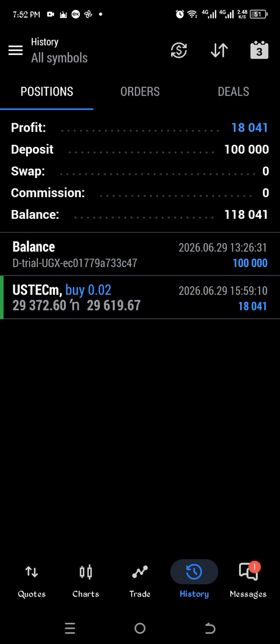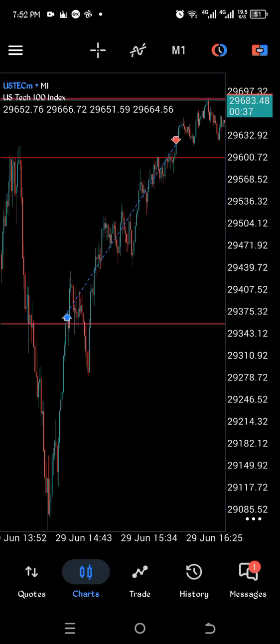Deposit today was 100,000, and the profits we have are 18,000. I was risking 1% to get 1.8. So this is the trade I took.